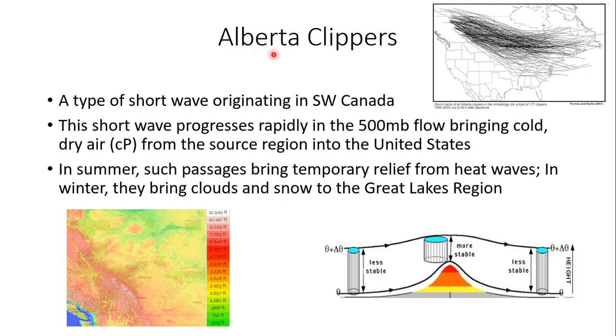So Alberta, because the system forms on the lee side of the Canadian Rockies, and if you look at the bottom right-hand diagram here, this has to do with conservation of momentum. Generally, as wind flows up the windward side of a mountain range, an air column is going to shrink in the vertical.